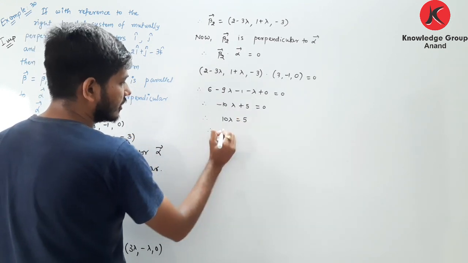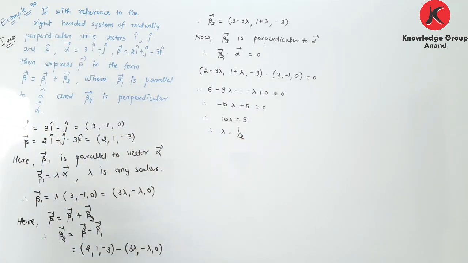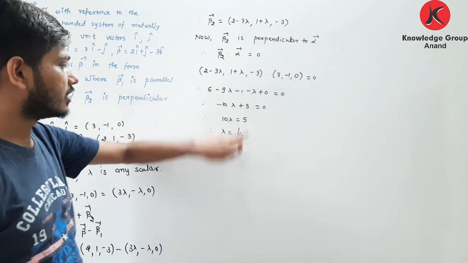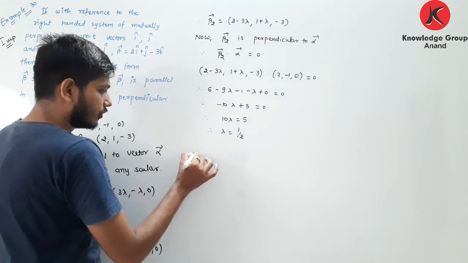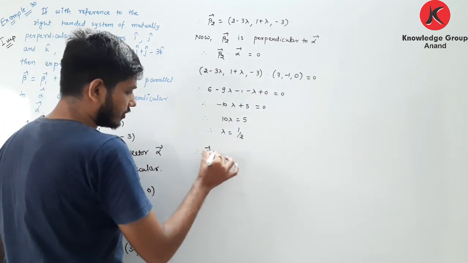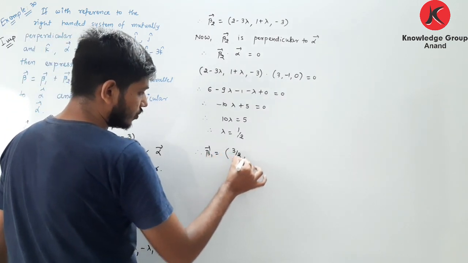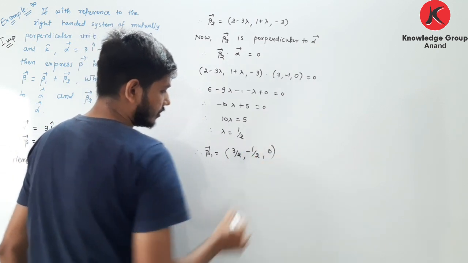10 lambda on the right-hand side. Therefore, lambda equals 1 by 2. The value of lambda equals 1 by 2. So put this value of lambda in beta 1, and we will get the beta 1 vector, and put this value of lambda equals 1 by 2 in beta 2, then we can also get the beta 2 vector. Therefore, beta 1 vector equals 3 by 2, minus 1 by 2, and 0 here.